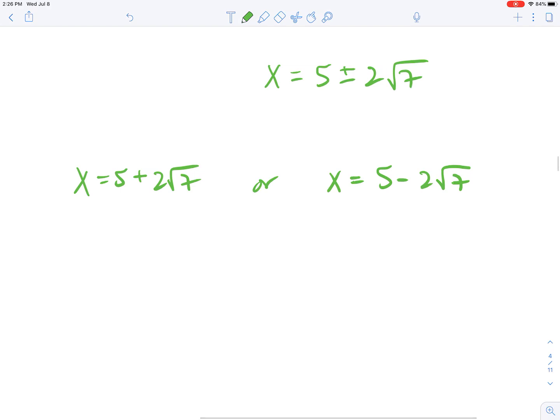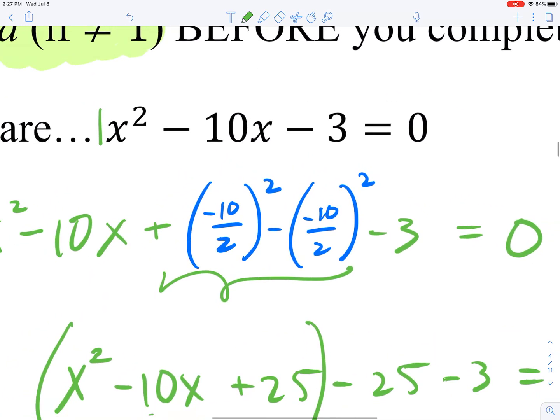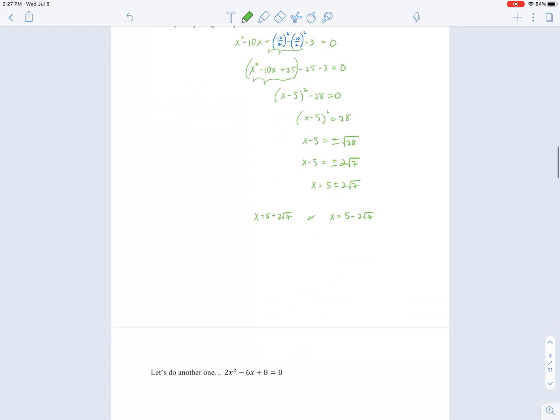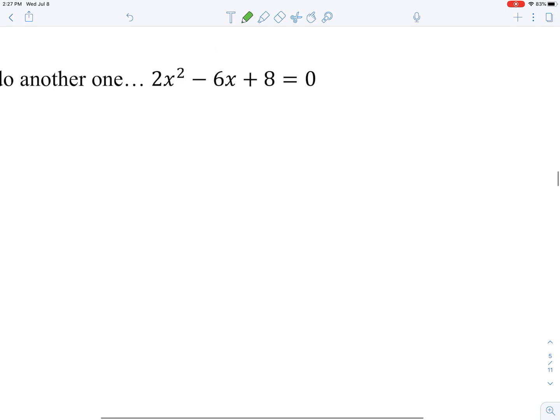Both of those values are solutions to this equation, and they're irrational numbers, right? We have a root 7 in there. Root 7 is an irrational number. But if you substitute those values in for x, the left-hand side would become 0.